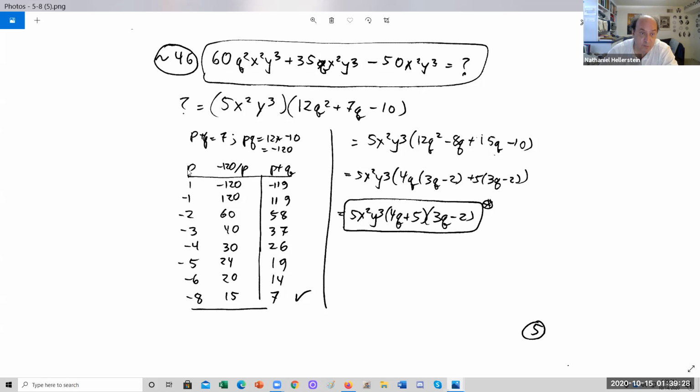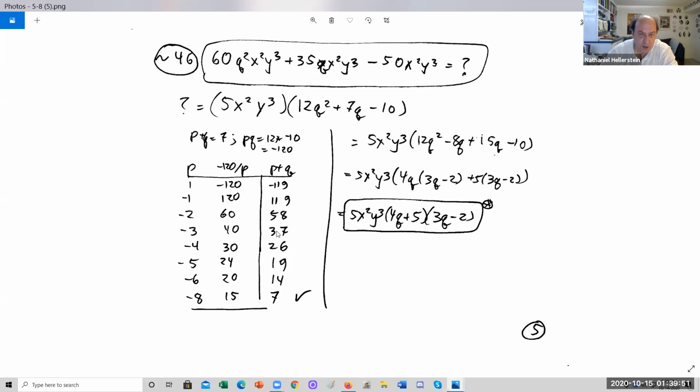So here we go. We have a system. We have P, we have negative 120 over P, we have this sum. So look for all the factors of negative 120 and find out the correct one. So 1, Q is negative 120, sum is negative 119. Well, that's a negative sign too big, so we flip the signs. Negative 1, 120, 119. Negative 2, 60, 58.